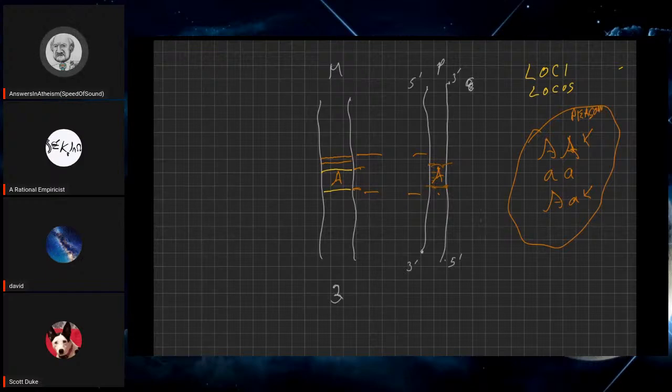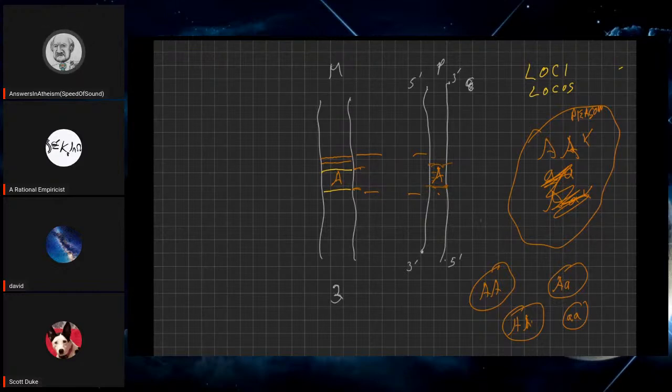But then in a population, like if we look at a population, this guy might have an AA, this guy will have an AA, this guy will have an AA. So over the entire population, you have this mix, right? What you do is you count the amount of this one gene that is identical. 1, 2, 3, 4, 5, 6, 7.